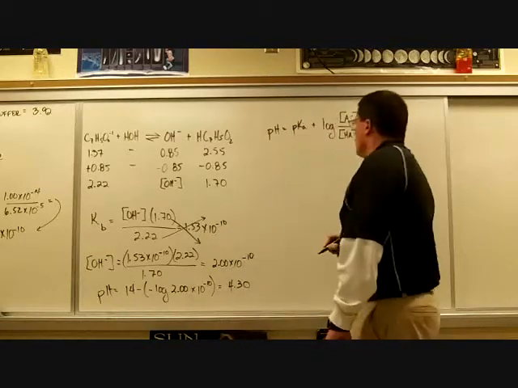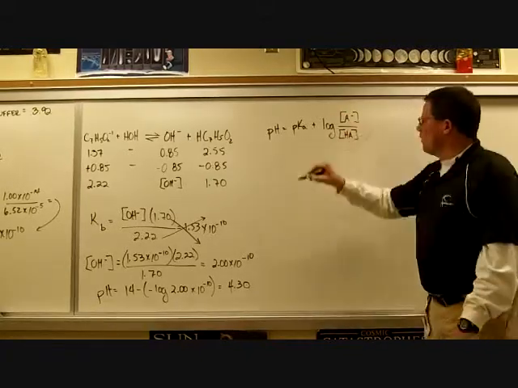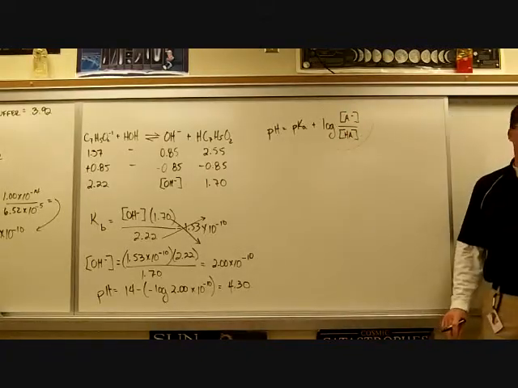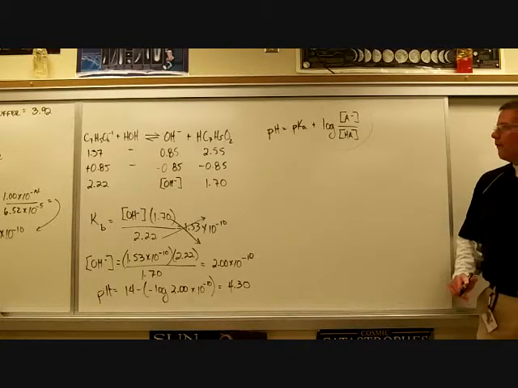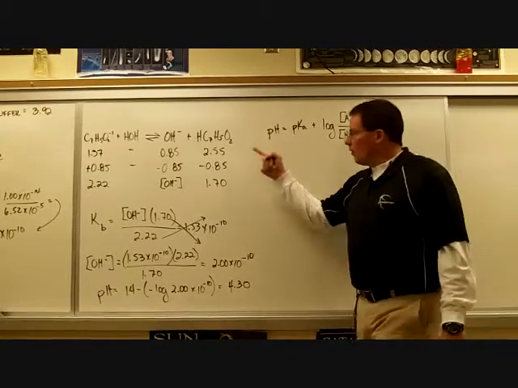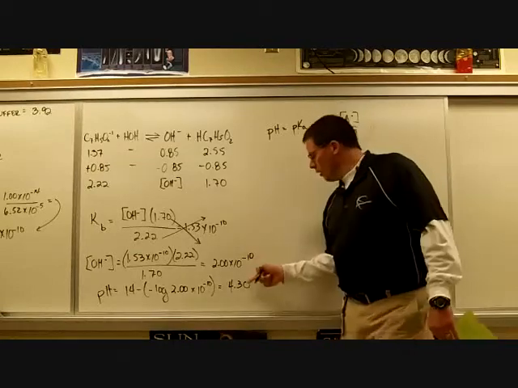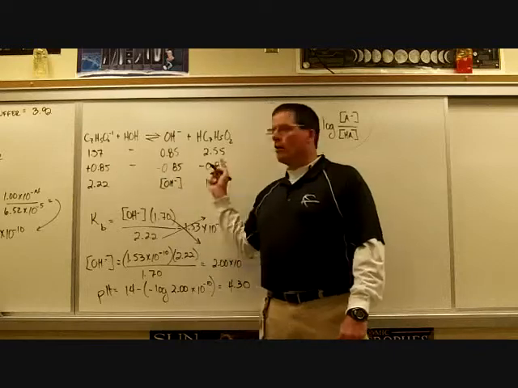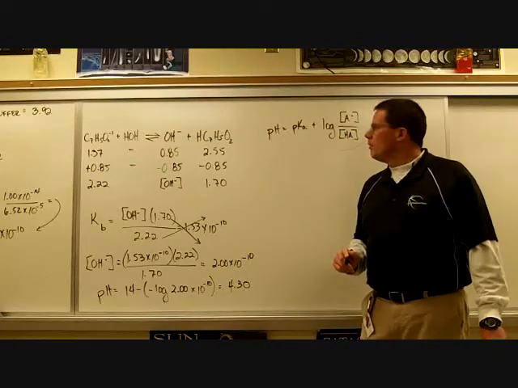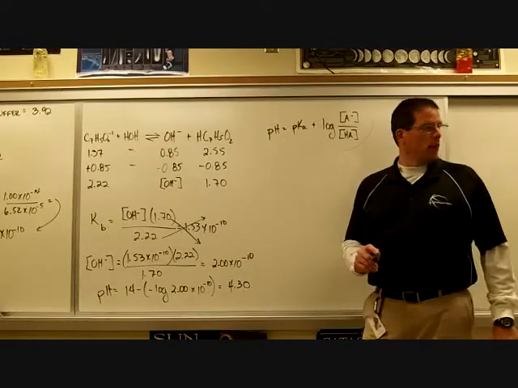Now, this is where most people have issues, because they can't keep the HA and the A minus straight. What I want you to recognize is this part right here. Who's my HA in all this? Does anybody have any idea?